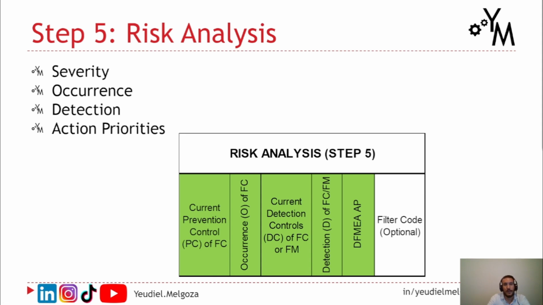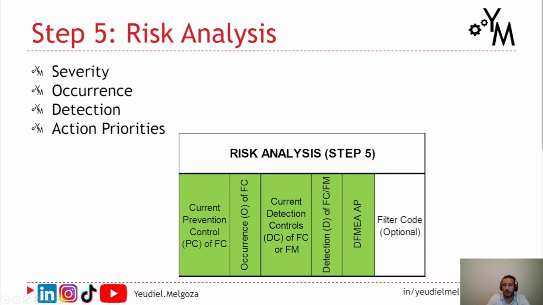This is based on historical records, etc. And current detection controls is what we currently have in place to detect the cause. So prevention is to avoid the creation. Detection is to catch if a problem is created. This is basically the difference between each one.